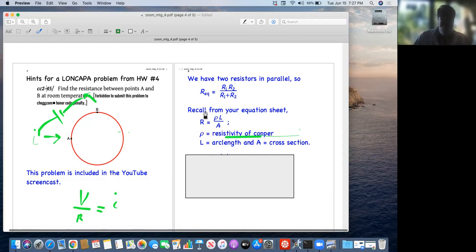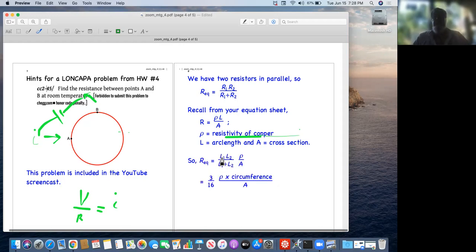Now the length, well, it's 1/4 of the circumference here, and it's 3/4 of the circumference here. So we have a common factor rho over A, and then we have the arc lengths, 1/4 of the circumference and 3/4 of the circumference.